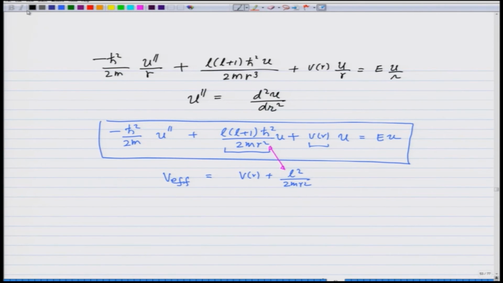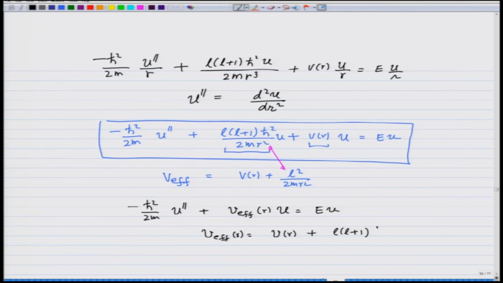So, the equation is nothing but minus h cross squared over 2m u double prime plus V effective(r) u equals Eu, exactly like the 1D equation where V effective(r) is V(r) plus L(L+1) h cross squared over 2mr squared.